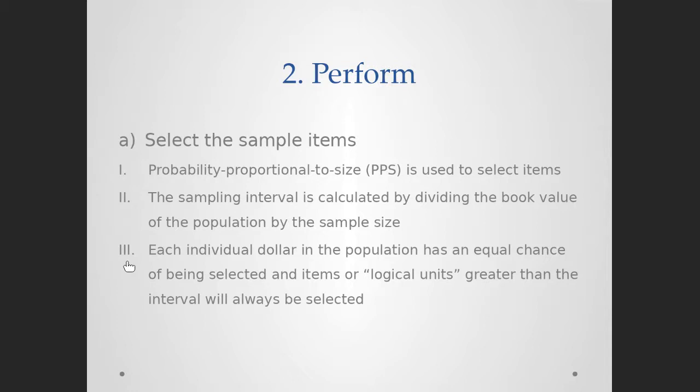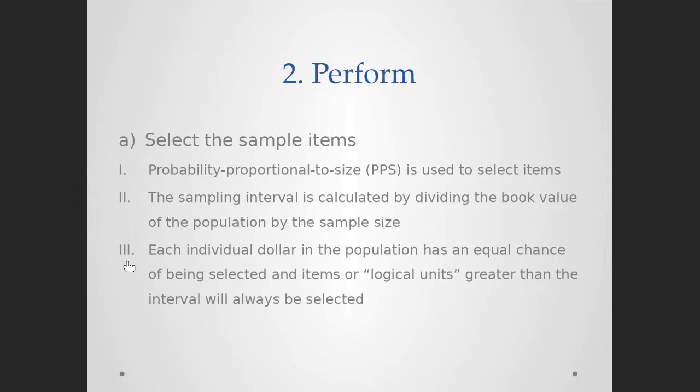You remember I showed you the general ledger of a client where the accounts receivable is made up of individual balances. Remember North Supermarket, West Supermarket, Big Supermarket. Last time I showed it to you. Any individual customer balance that is greater than the sampling interval will always be selected in your sample.